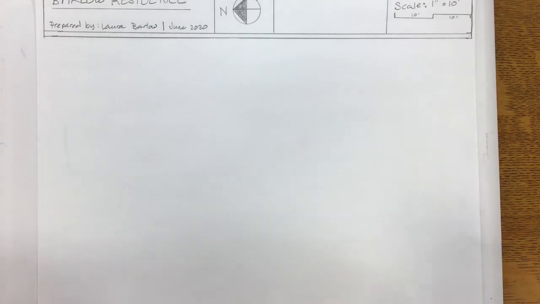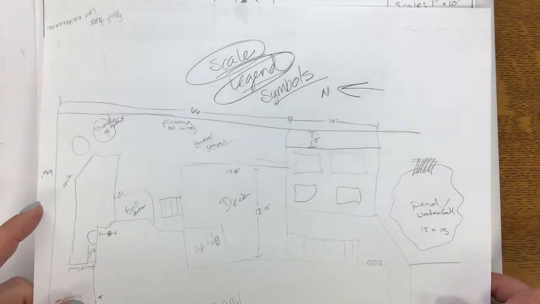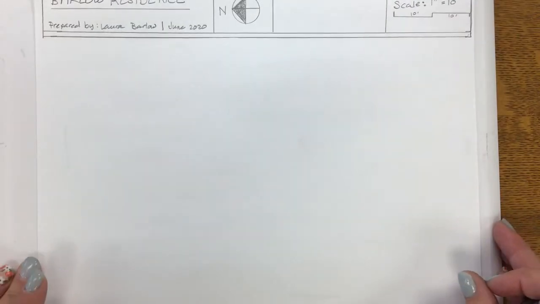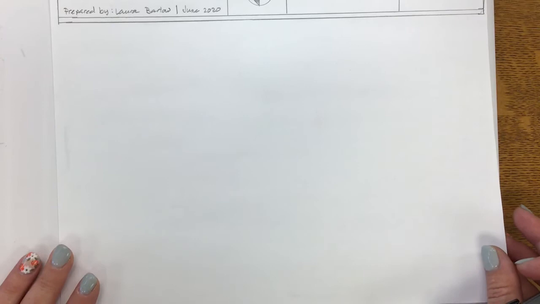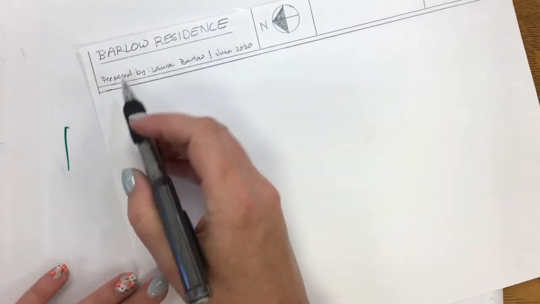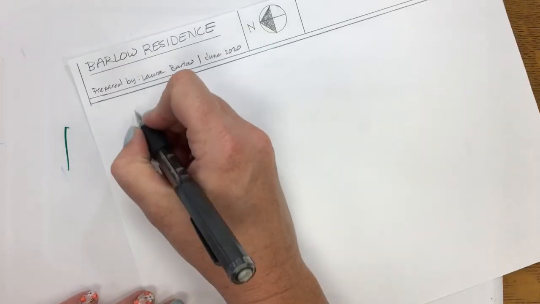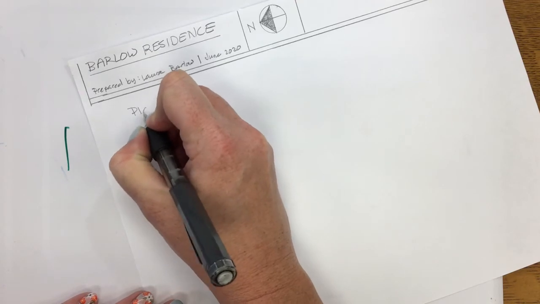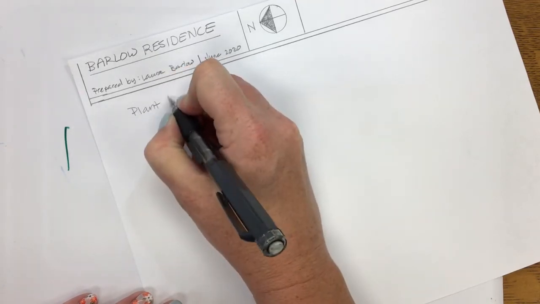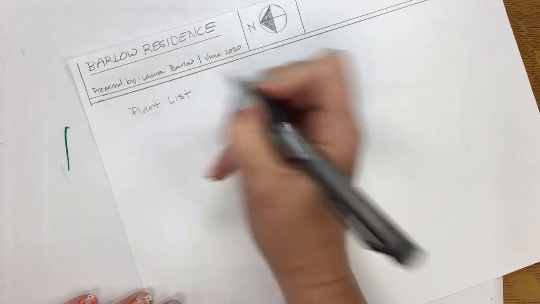I don't know what those plants are going to be just yet because I haven't figured out what I want to plant in here. But I want a place to put those. So I'm going to come right over here. I think I'll do it here. And I'm going to make a plant list.